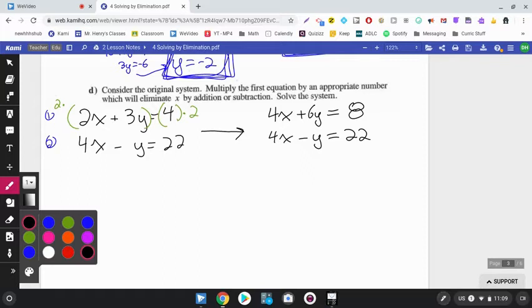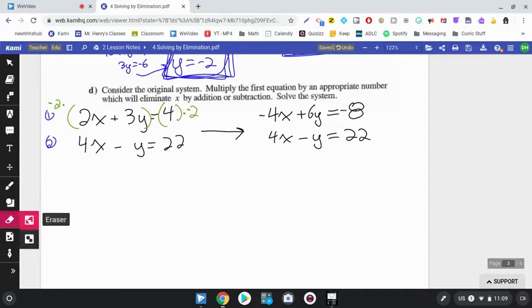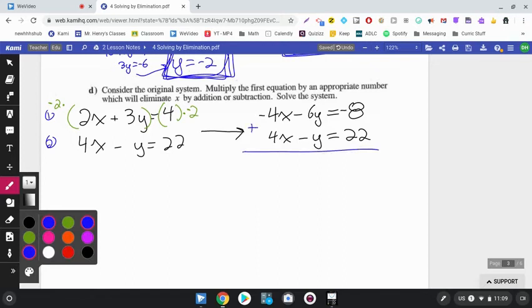Well, all I'd have to do is change the sign. You multiply by a negative. So instead of multiplying by 2, if I multiply everything by -2, I get -4x minus 6y equals -8. So multiplying by the negative sets myself up so that now I can just add these together.